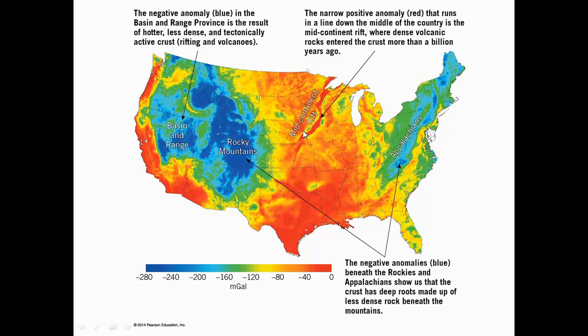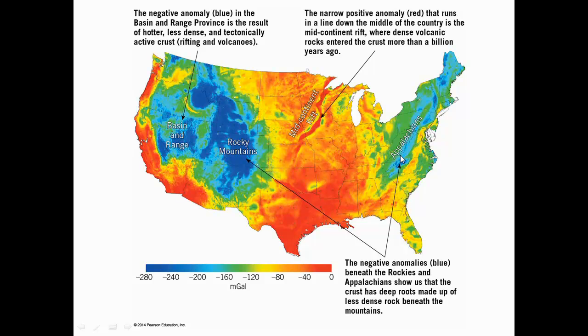On the other hand, if you look at the central portion of the United States, this band of red that's labeled mid-continental rift, this narrow positive anomaly that runs down the middle of the country is the result of dense volcanic rocks that have been placed in the crust over 1 billion years ago.